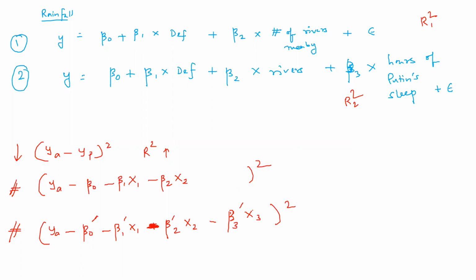Now you see, when I estimated this beta 3 in this last line, what are the various possible values that I considered for this beta 3? When I did this regression, I found out a value of beta 3, right? What are the various possible values of beta 3 that I considered when I tried to find beta 3?